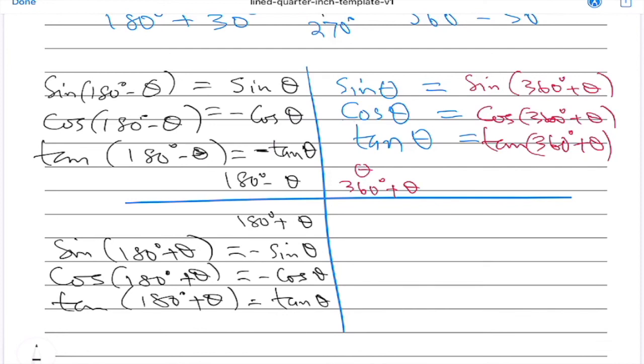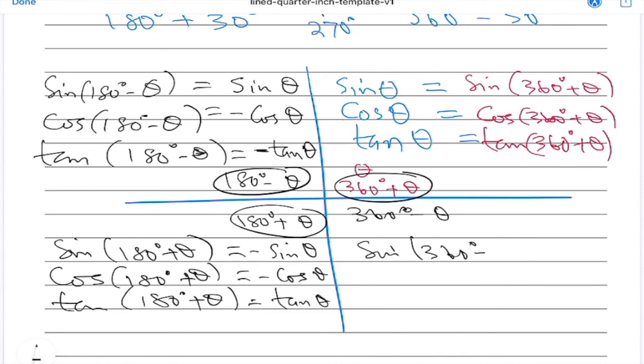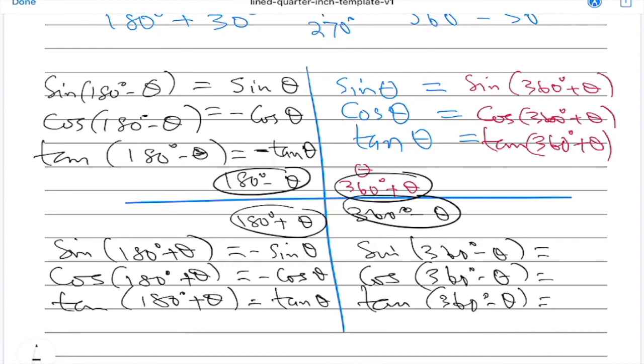Now in the fourth quadrant, we have 360 minus theta. So we shall be talking about the sine of 360 minus theta, the cosine of 360 minus theta, and the tangent of 360 minus theta. Now in this quadrant, only cosine is positive.